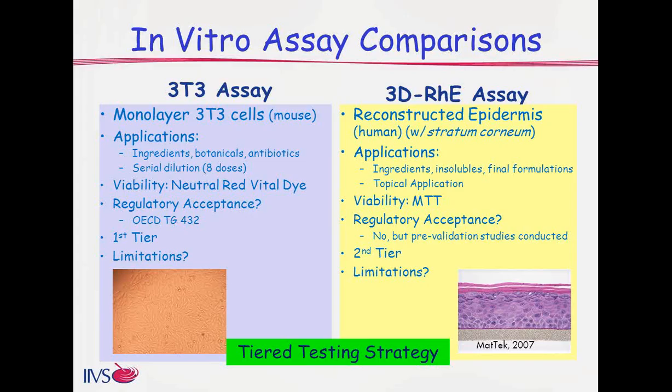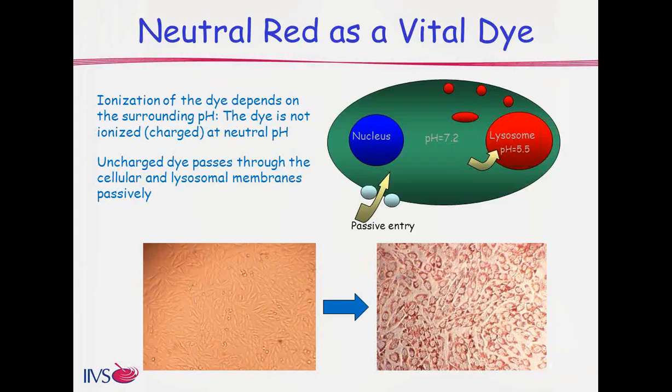In cases where additional information is needed, for example, if we were to get a positive 3T3 result, or perhaps we're looking from a hazard assessment perspective of an ingredient moving into a risk assessment of a final formulation, the three-dimensional assay could serve as a second tier. I'll focus a bit more on these tiered testing approaches when we move into our practical experiences.